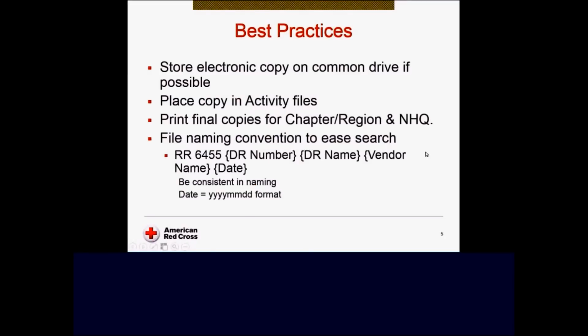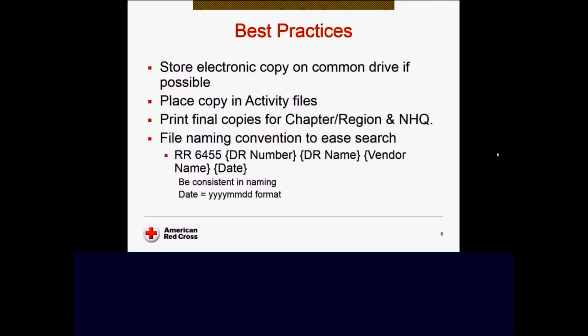Some of the best practices for the 6455, and a lot of this will make more sense once I show you the 6455, is you always want to try to store the electronic copy on the common drive if possible. You can print it out and do handwriting, but I have found that it's best to use the electronic fillable form and keep it on a common drive where people can come and go on the DRO and see it.